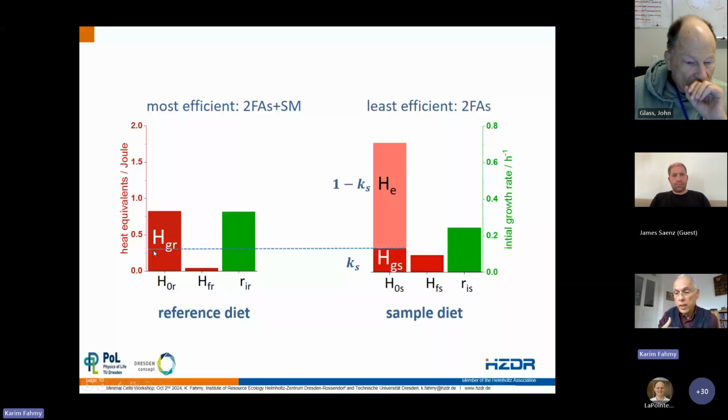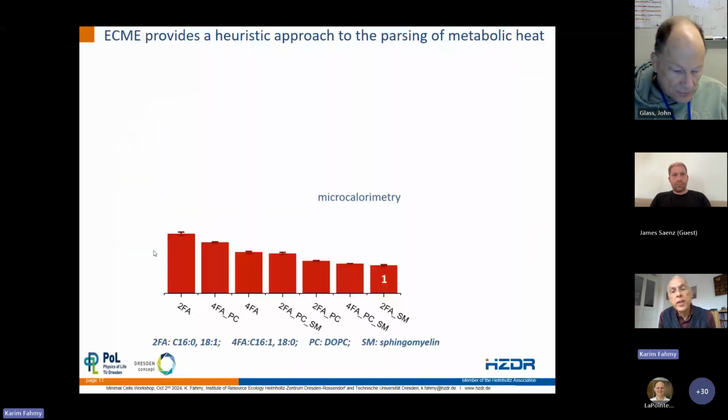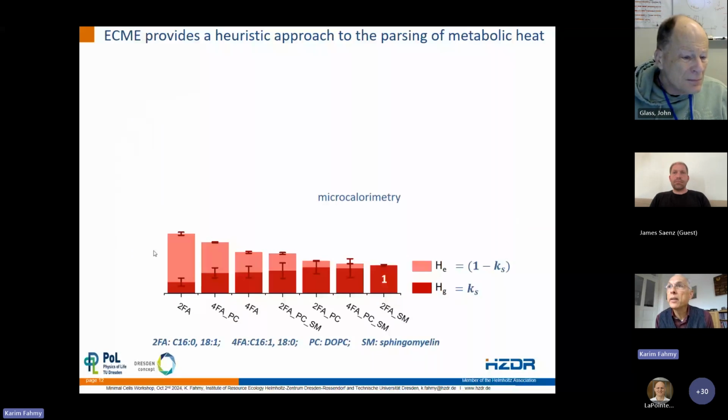Now, this is an interesting heuristic approach. There's no independent proof for this, but that's a heuristic approach, and it is hopefully justified because the metabolism is simple. Now, we did this for many diets, for 7 diets, same dissection into biomass forming heat related dissipation and non-biomass forming reactions.